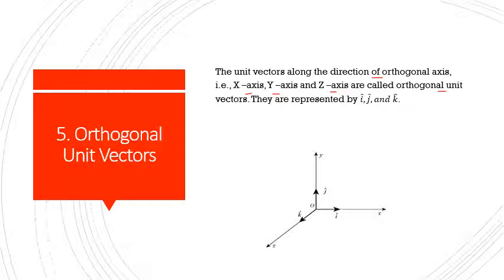Look at the diagram, students. Along your x-axis, you have i cap. So these i, j and k are your unit vectors. These vectors represent the direction of the orthogonal axes, like the x, y and z axes. Is that clear?